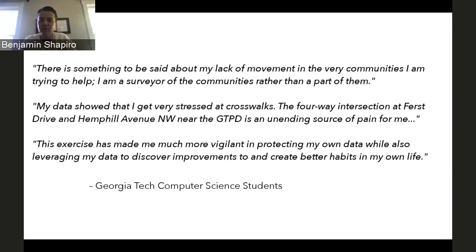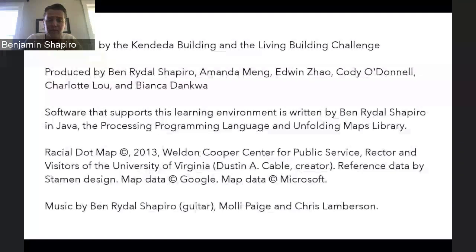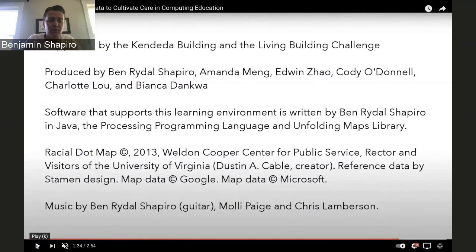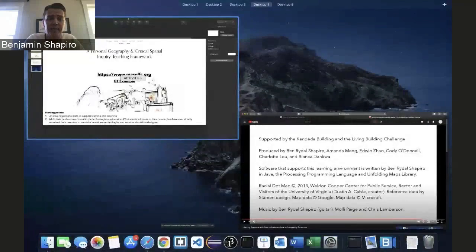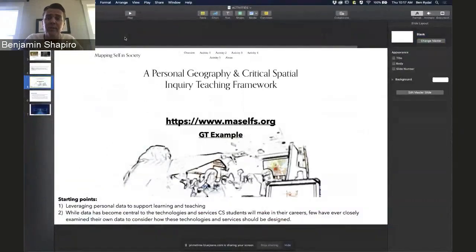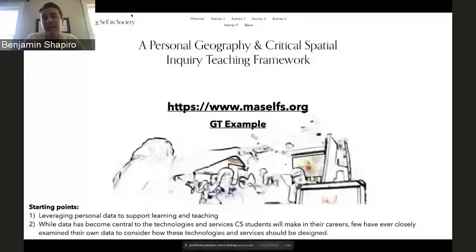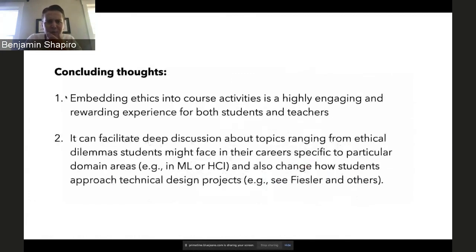And a few more quotes about more personally how it felt for CS students to collect their own data and see other people's data, with the larger point being that those feelings open opportunities for discussion that is really important and really relevant to what we talk about when we're trying to embed ethics, particularly around the collection and use of personal data. So I hope that roughly made sense.